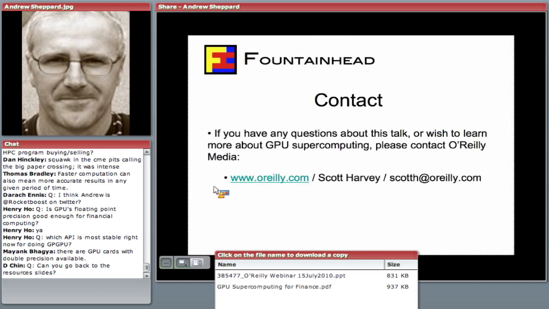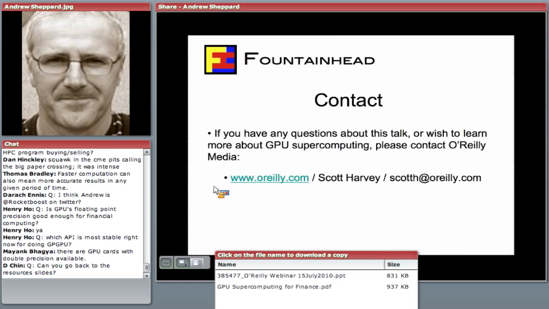Oftentimes when I talk about HPC in finance, we were talking about $500,000 or $1 million for a compute cluster. That same sort of power, just a couple of years ago, is now in the form of a $2,000 card. So if he means HPC is applied to ETFs or any other type of instrument that's either mathematically complex or data complex, then look at GPUs. There might be a very cost-effective solution.